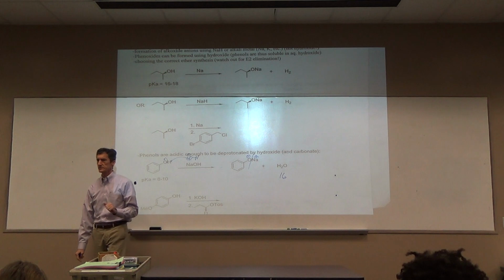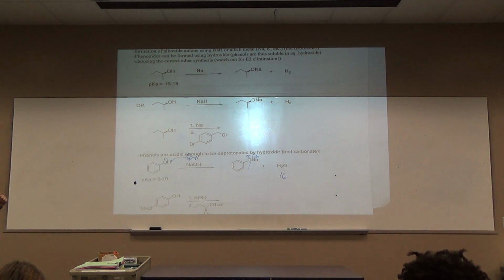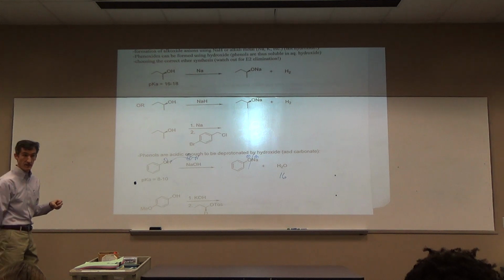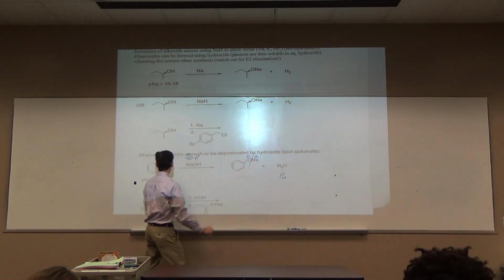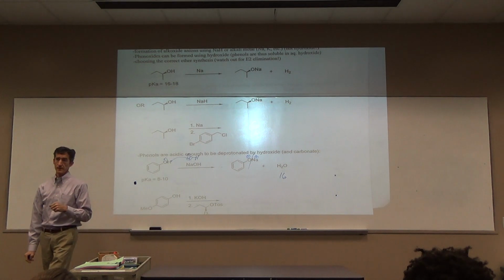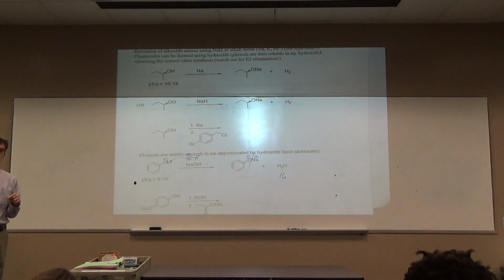It's favored by how much? 10 to the 6, which is, what, 1 million? So at equilibrium, you got 1 million of these in anion form and only 1 of these left. That's pretty much complete, because if you did a percentage, that's probably 99.9999% complete.